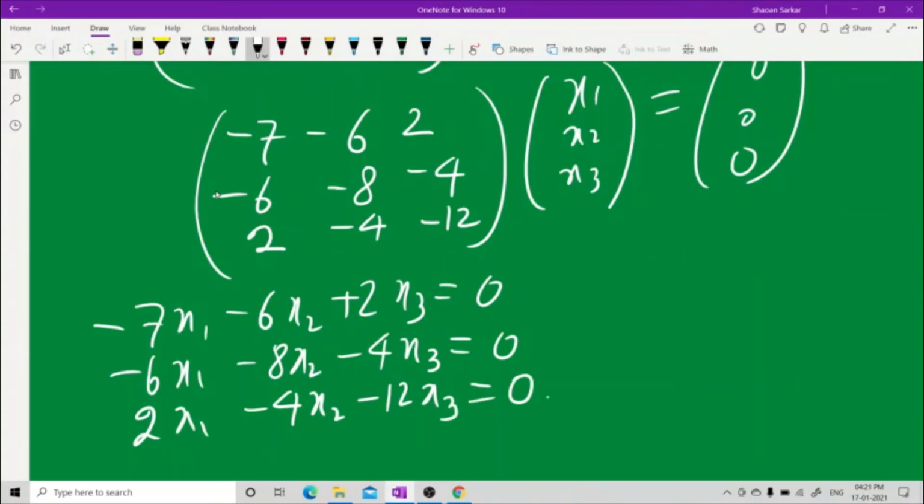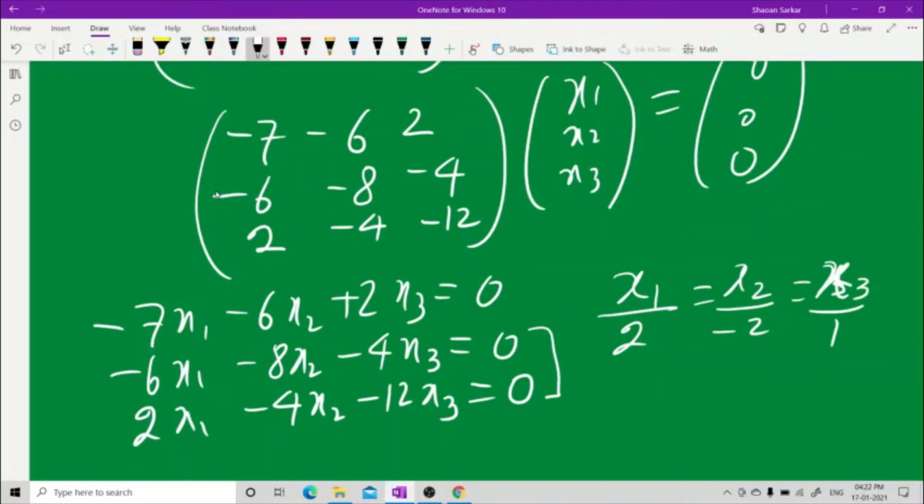Now you can take any two equations and solve them. I'm not going to solve it, I'm giving you the direct answer: x1 by 2, x2 by minus 2, x3 by 1. How to solve it is your homework.